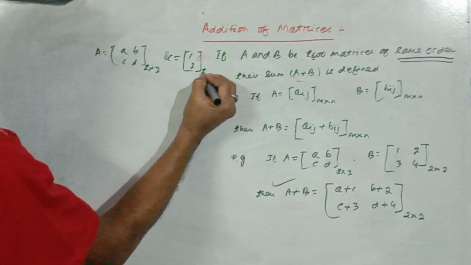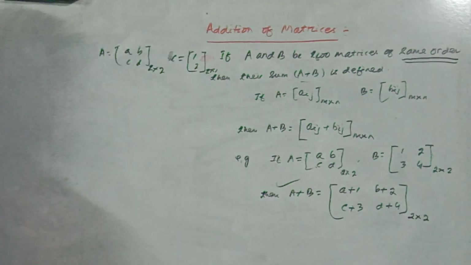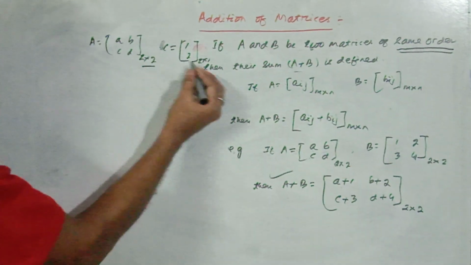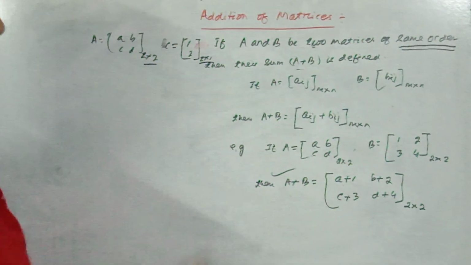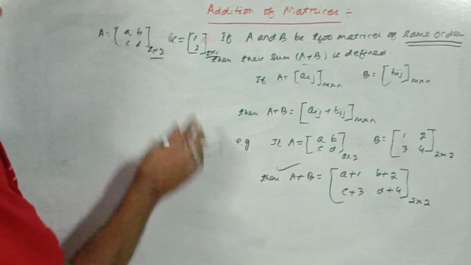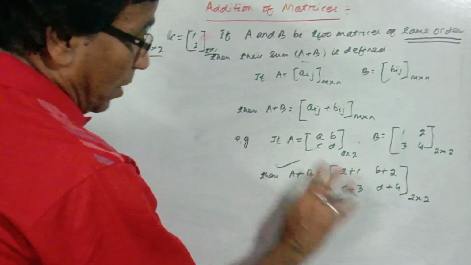That means it is a matrix of order 2 cross 1. A plus C is not defined here, since they are not of the same order. Its order is 2 cross 2 and its order is 2 cross 1. So the addition of two matrices is defined only if they are of the same order.